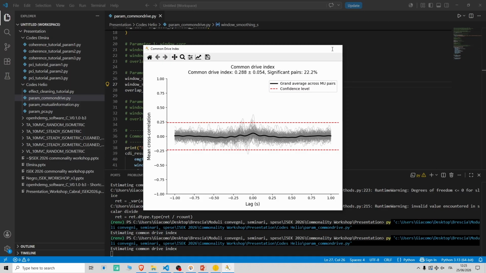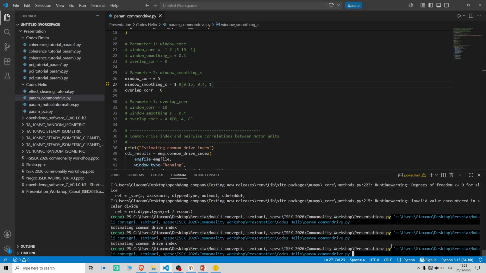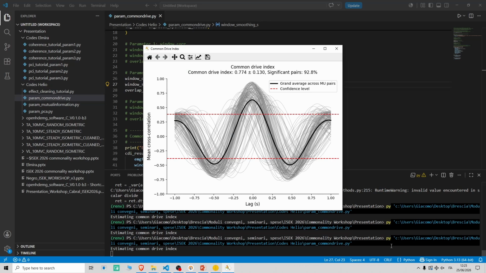And then I will just show you the other side, that is to increase the window now to 1 second and then recalculate. Now we are smoothing even more. So you see now that the common drive index actually increased. And this is a natural consequence because we are compressing the frequency and just capturing very slow frequency fluctuations.